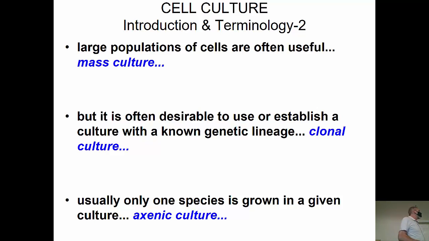An axenic culture has a single species in it. And again, almost all the cultures that we are dealing with are axenic, and so it's simply a term that isn't used very often. Okay? I can't really think of any situation where I've seen them with respect to growing mammalian cultures for axenic.